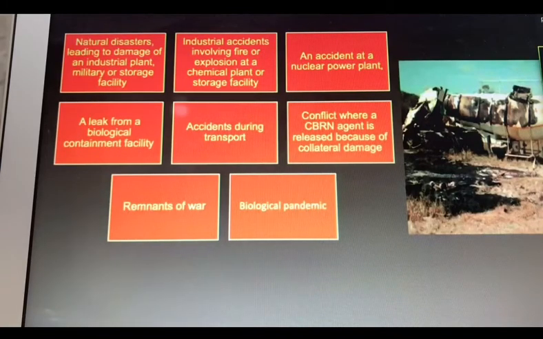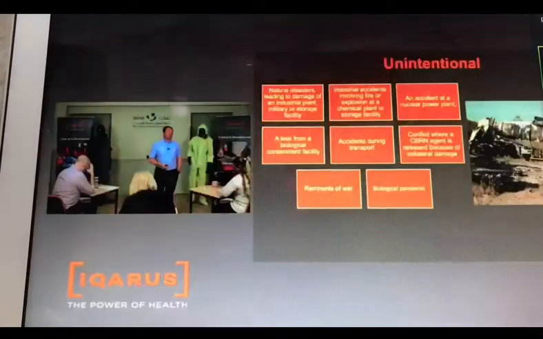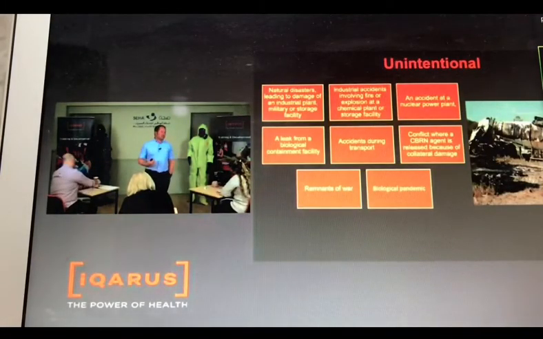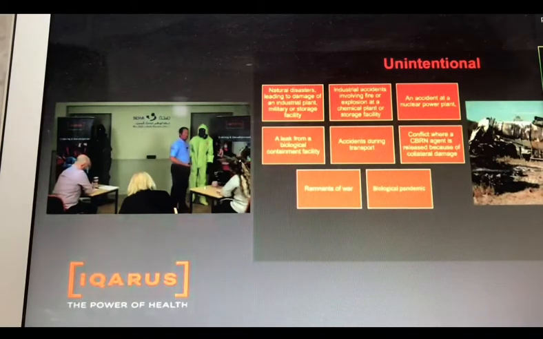It could be a conflict where a CBRN agent has been released due to collateral damage. So during war, things get targeted. Once that target is subjected to some form of bombardment, if there are any industrial facilities around it, they could accidentally be damaged. It could be a remnant of war.